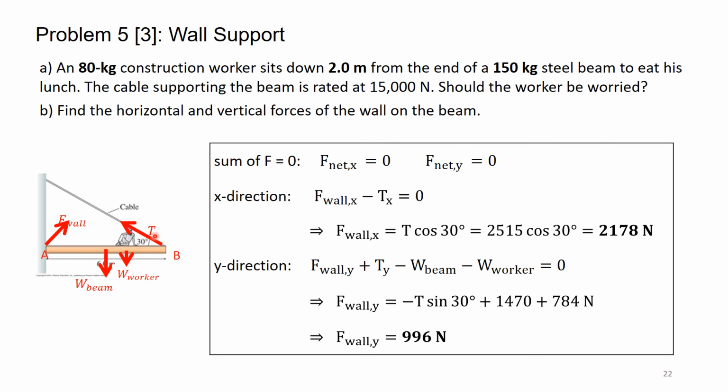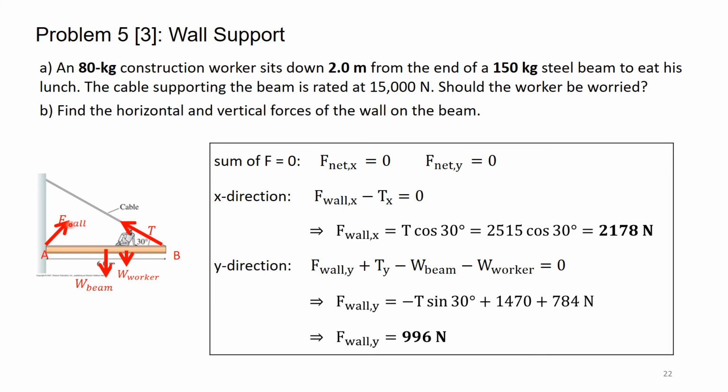So in the x direction, we have the force from the tension. Let's call it Tx, the x component of the force from the tension. And that's not all. We also have the x component of the force from the wall. So let's call it F wall x. And they're acting in opposite direction. So the x component of the tension is pointing to the left.